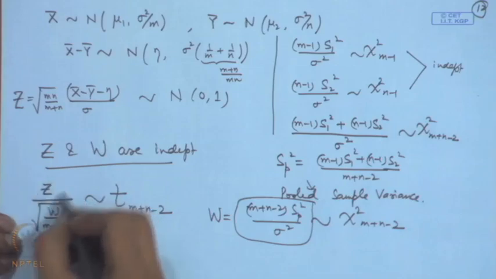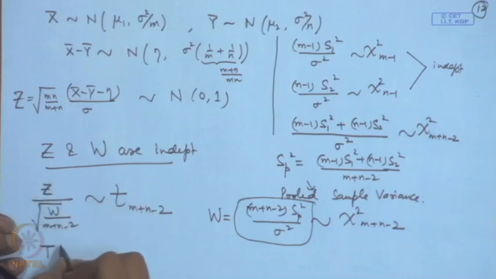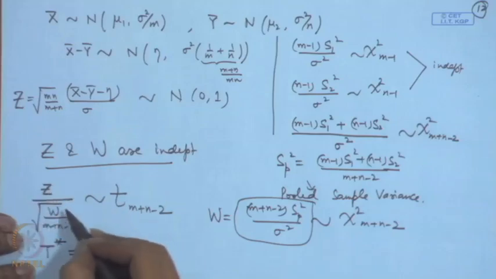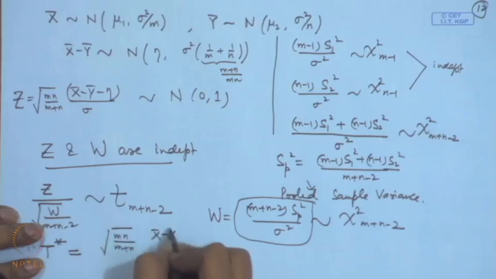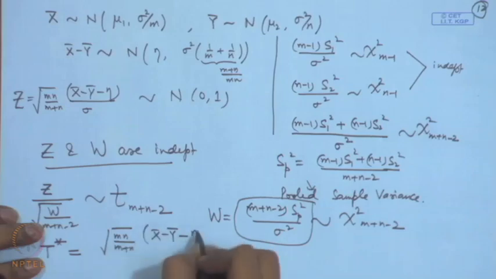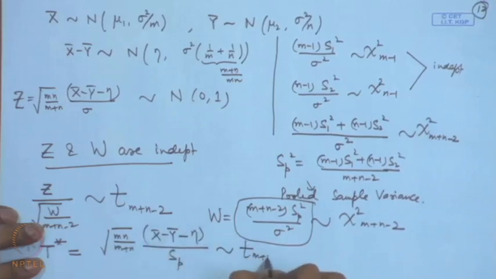Now, this quantity is nothing but, let me call it t star, z by square root of (w by m plus n minus 2). This turns out to be root (m n by m plus n) times (x bar minus y bar minus eta) divided by s p. So, this follows t distribution on m plus n minus 2 degrees of freedom.